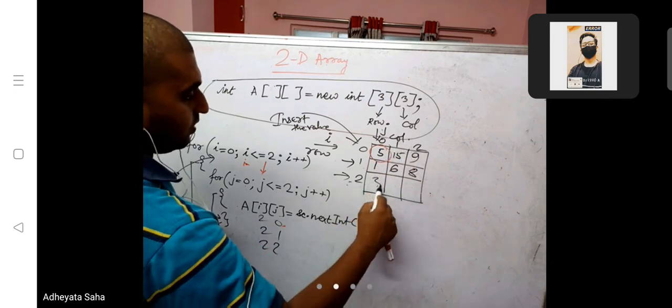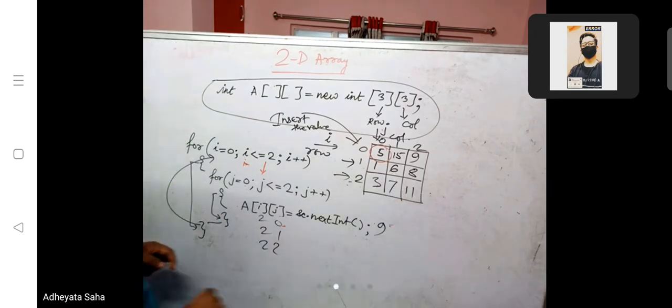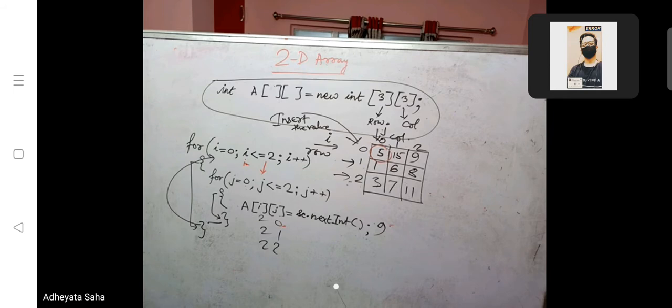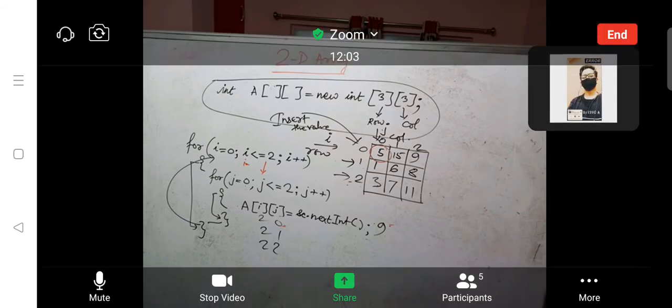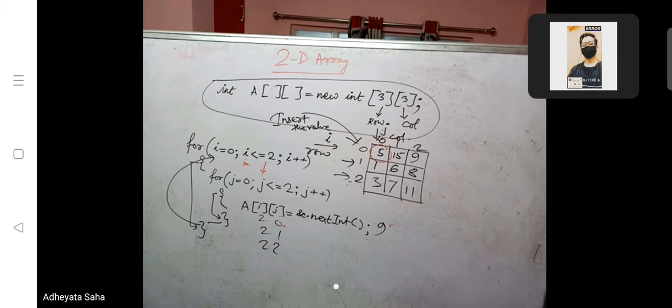Suppose you give the values 3, 7, 11. Is this clear? Any doubt? Anybody, any doubt out here?